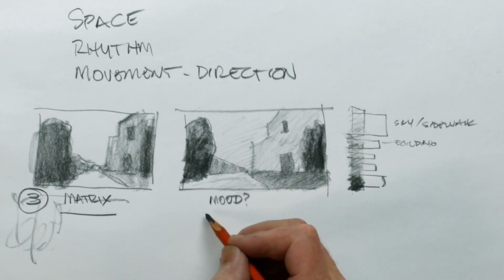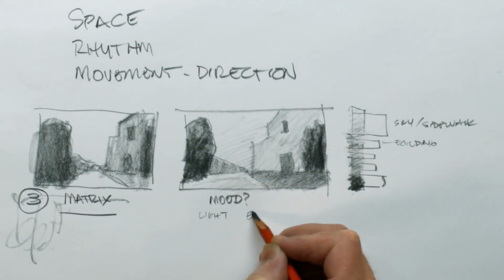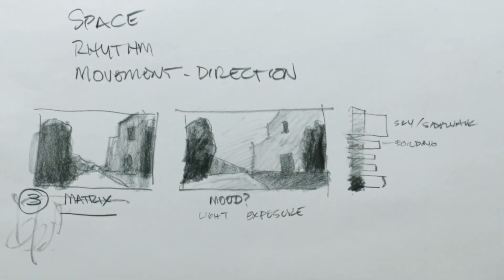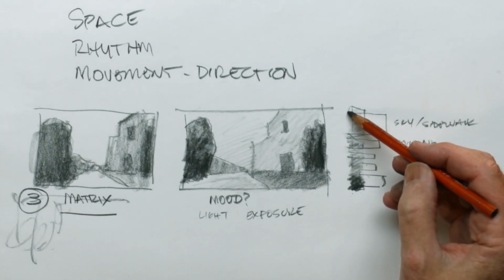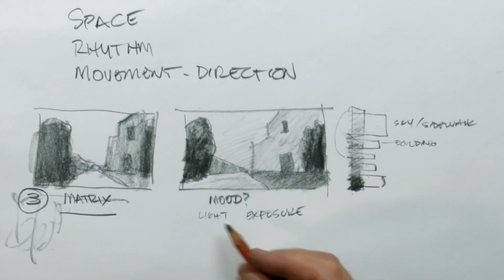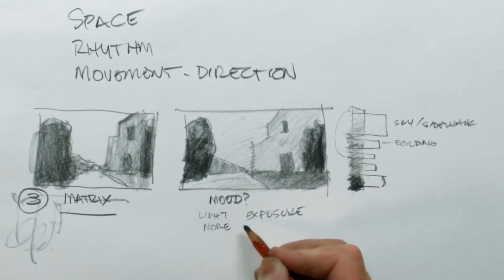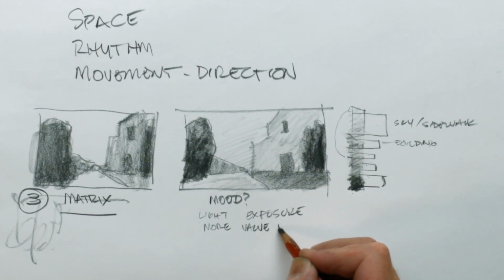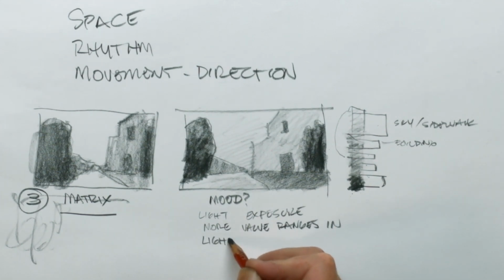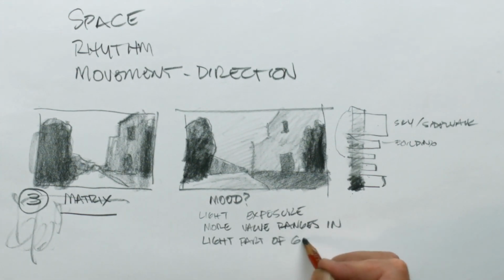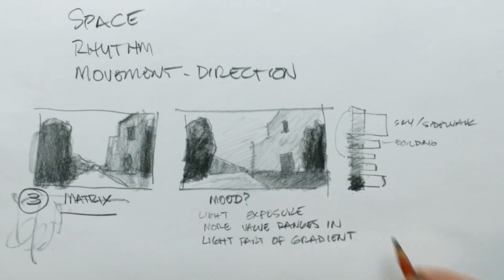Okay, so whatever mood it is, you're going to want to look at that situation. If you're exposing for the light, you may find 1, 2, 3, 4, 5. I've got 5 value groups. You might find that there's more value groups at the higher end. Because what's going to happen, you're going to have a large gap, and then there's a gap.